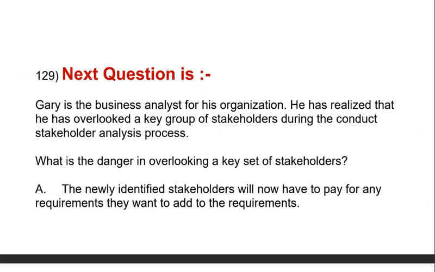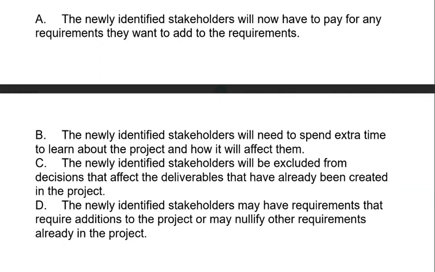Question is, Gary is the business analyst for his organization. He has realized that he has overlooked a key group of stakeholders during the conduct stakeholder analysis process. What is the danger in overlooking a key set of stakeholders? Option A. The newly identified stakeholders will now have to pay for any requirements they want to add to the requirements.